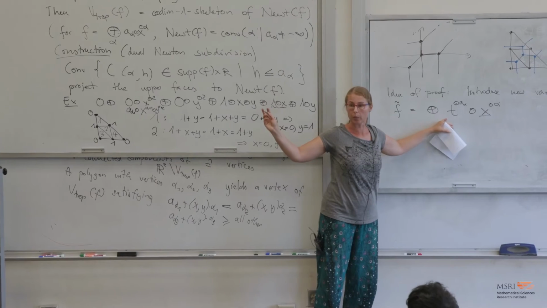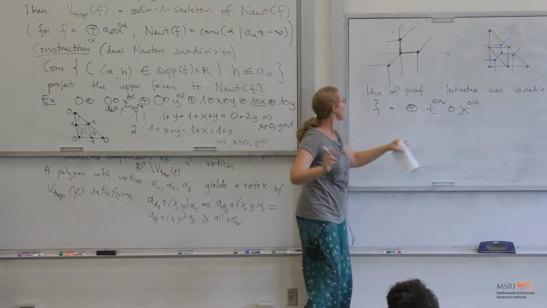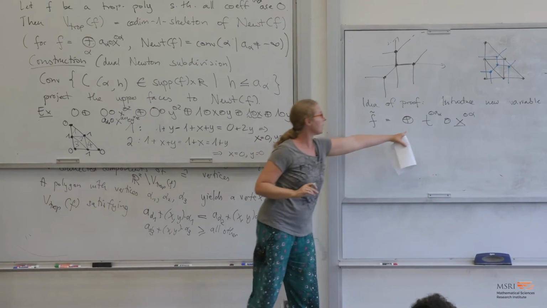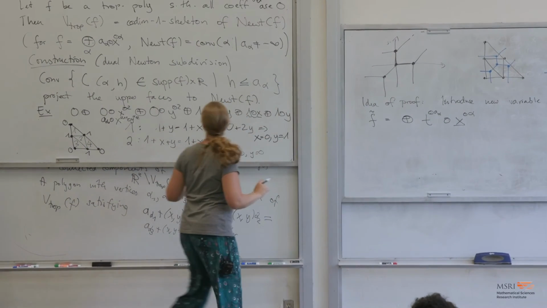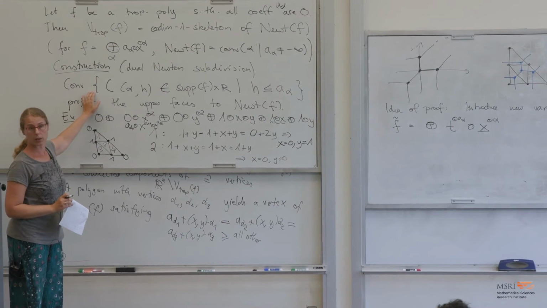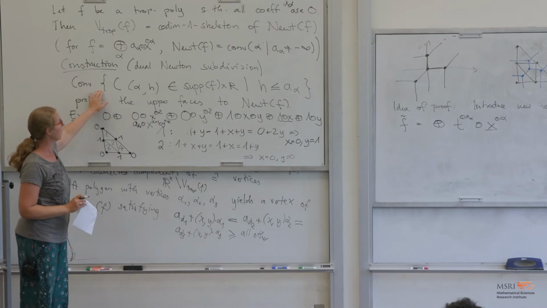And so I can use my proposition that states that the tropical hypersurface defined by this is going to be precisely the codimension 1 skeleton of its dual Newton subdivision, right?